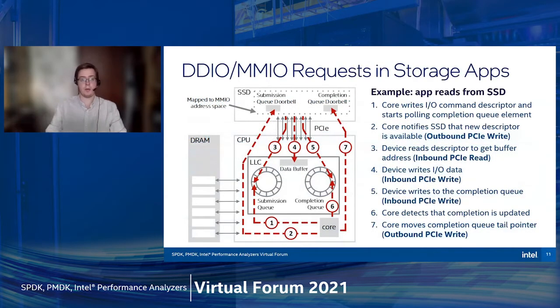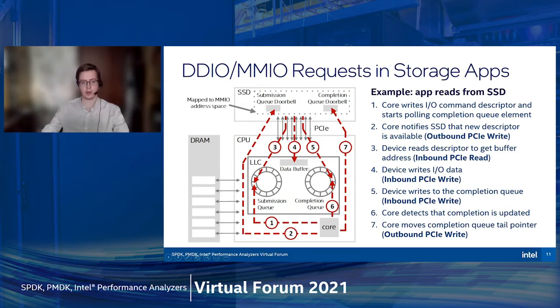And let's see how these DDIO and MMIO requests are utilized in, for example, storage applications. In this example, we're looking at a storage application that makes pure reads from an NVMe drive. We have a CPU with DRAM, and in memory we have two queues, submission and completion, and these queues are cached in the local L3.